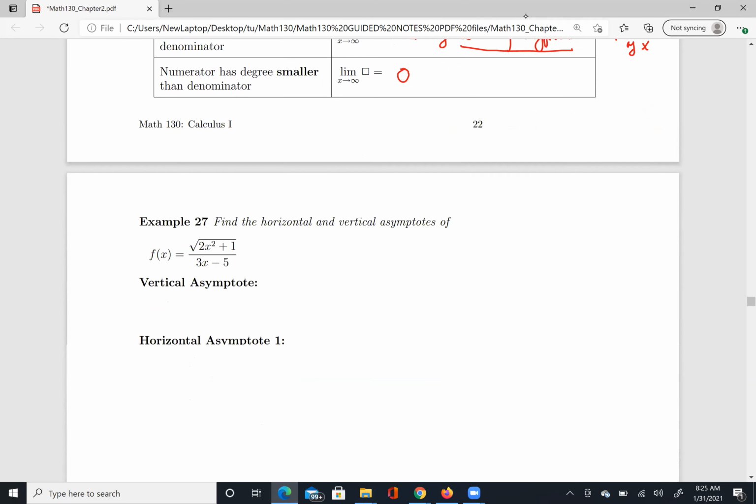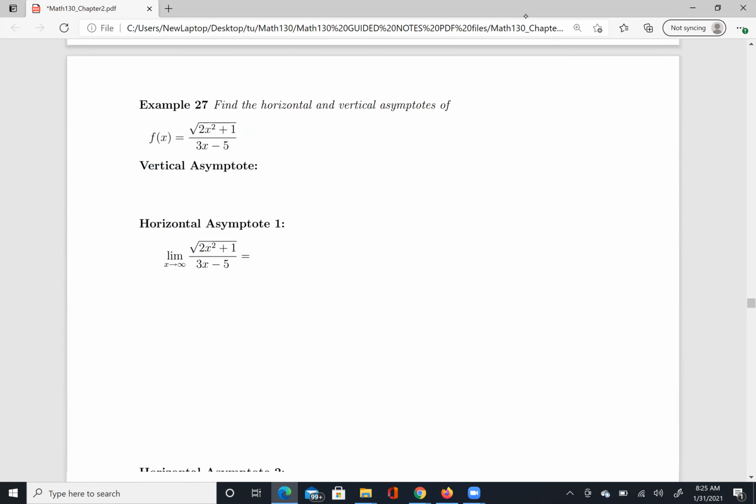So let's move to example 27 over here. We're going to find the horizontal and vertical asymptote of f(x) equal to the square root of 2x squared plus 1, divided by 3x minus 5. Okay, so now you have a square root.